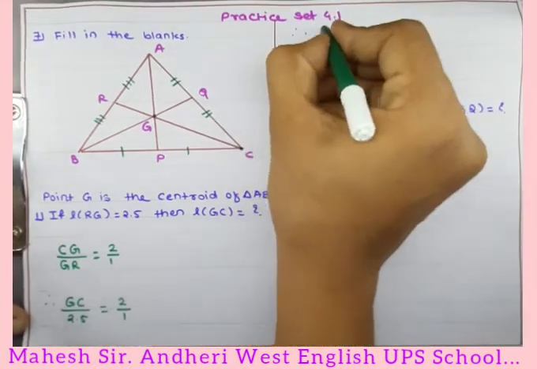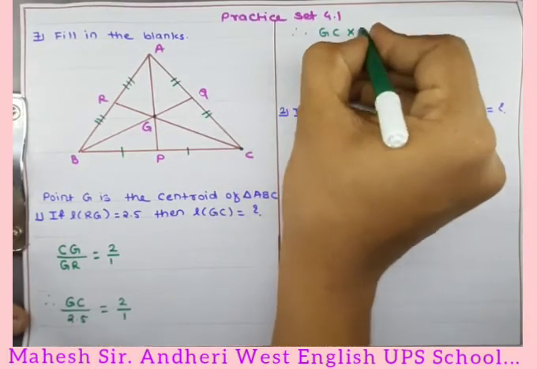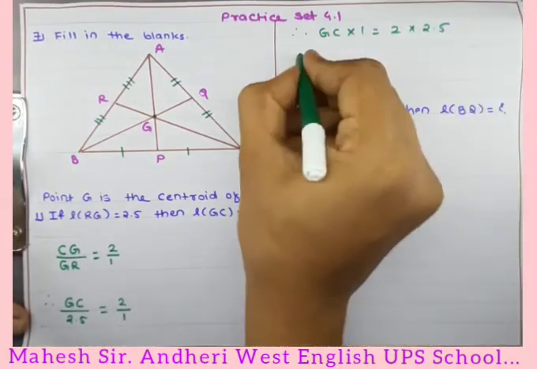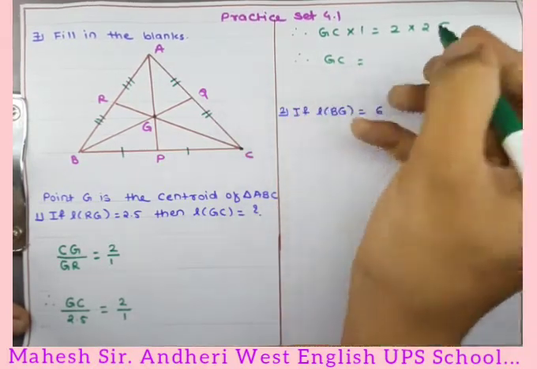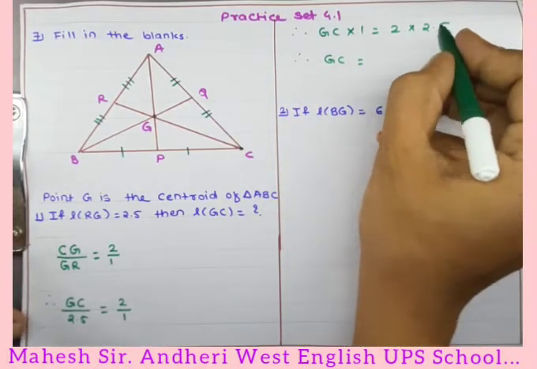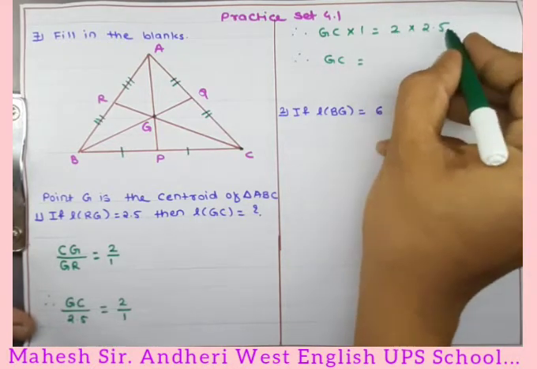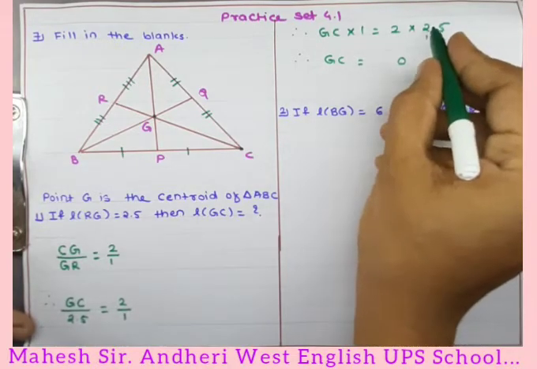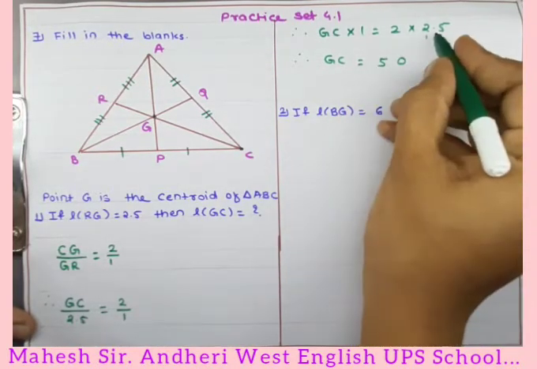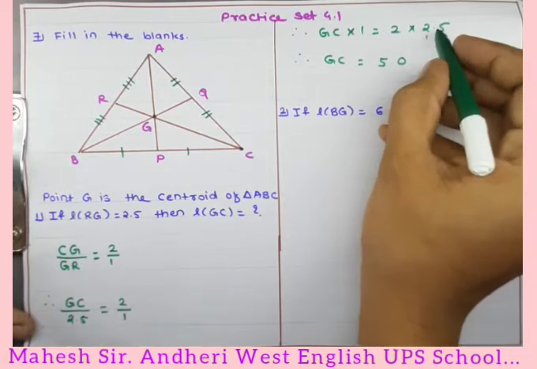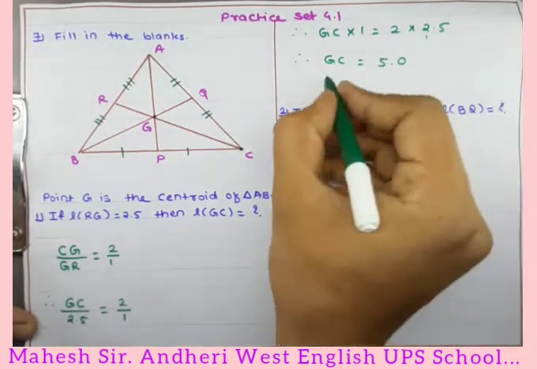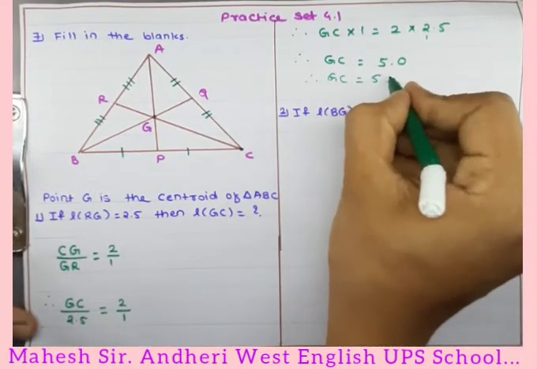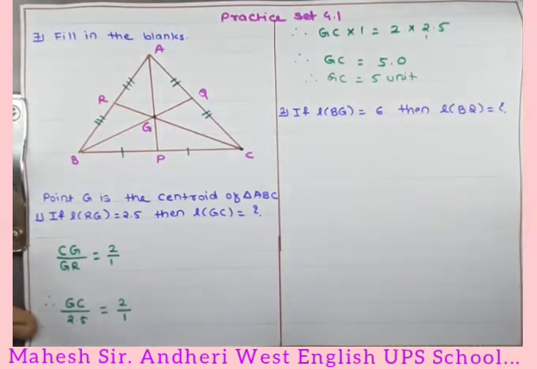So I will get GC multiplied by 1 is equal to 2 multiplied by 2.5, and therefore GC is equal to 2 multiplied by 2.5. 2 into 5, 2 fives are 10, 1 carry, 2 twos are 4, 4 and 1 is 5, and before one digit the point is there, so I will write the point here. So our answer is GC is equal to 5 units.